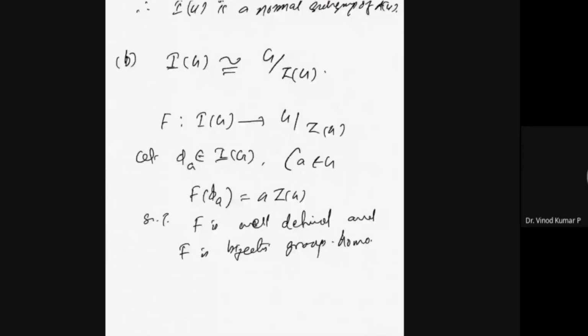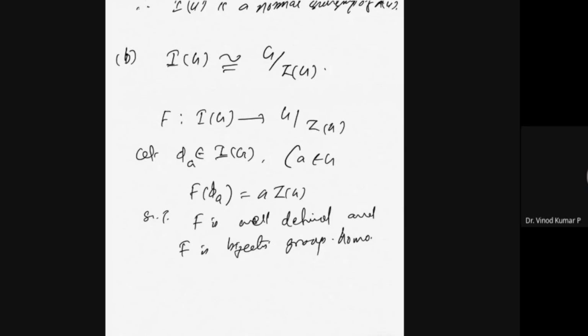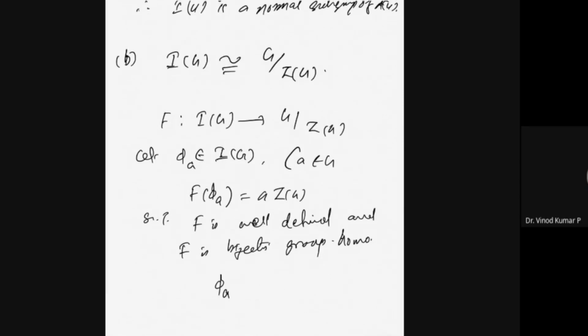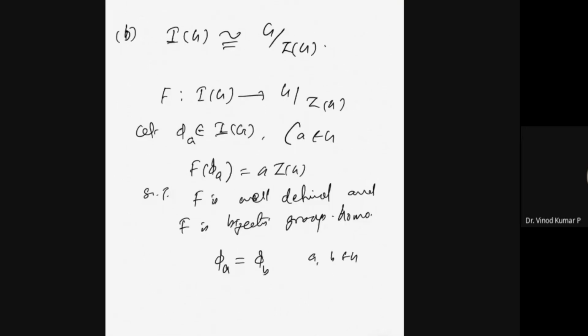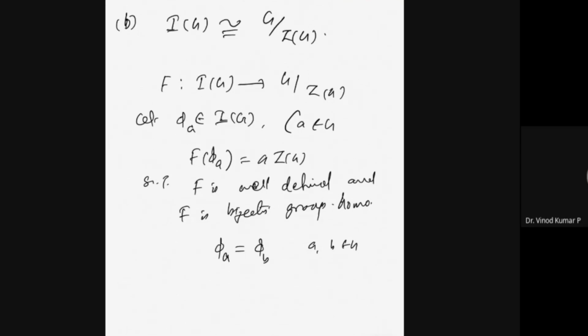So this well-definedness part and the injective part can be done simultaneously. Let phi suffix a equal phi suffix b, where a, b belong to G. Then you have to show f of phi of a equals f of phi of b. So this means, applying the definition of phi, that a inverse x a equals b inverse x b.